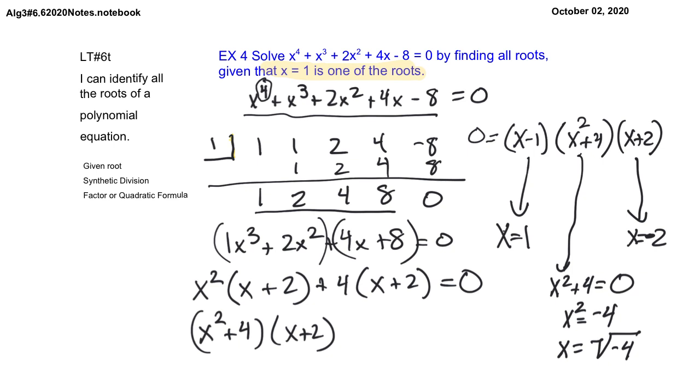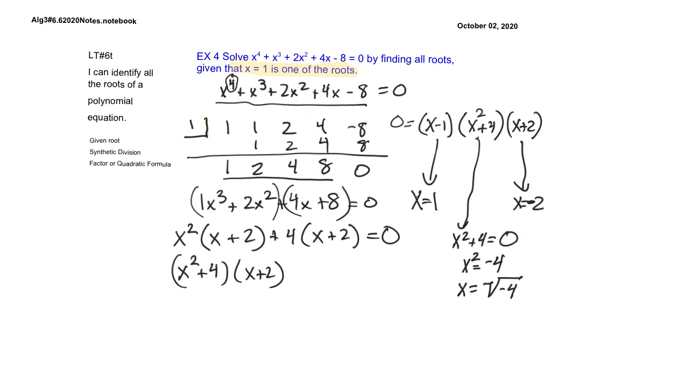However, we do remember that in mathematics, we have a way to handle that. We know that we could make that the square root of 4 and the square root of -1. The square root of 4 is plus or minus 2. And last year you learned that instead of writing the square root of -1, we are going to write i.